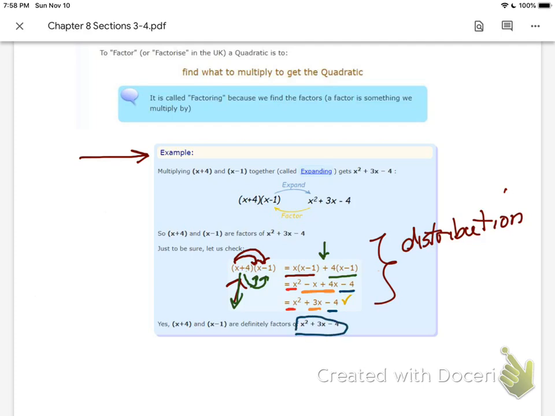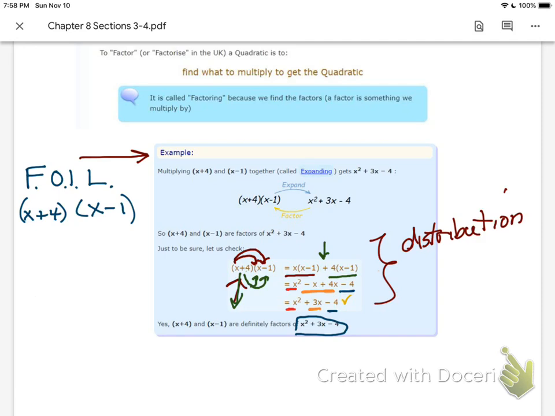Okay, so that's one method of multiplying your factors. There is another method, and that method is called FOIL, or foiling. It's an acronym, so we're going to do each of the words attached to the letters of FOIL. Start out again with your same two factors, because we want to get back the same exact quadratic.